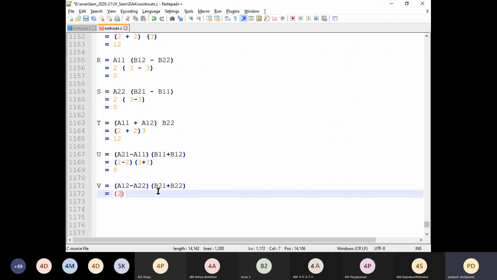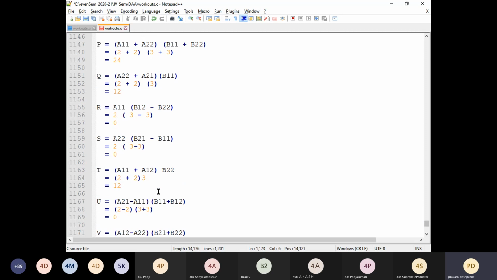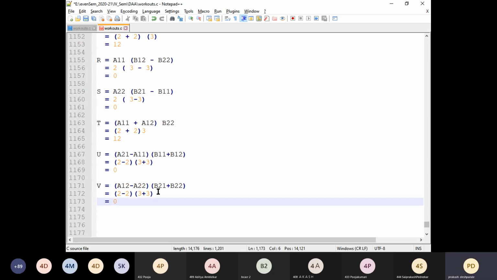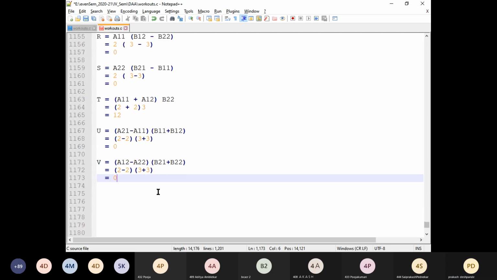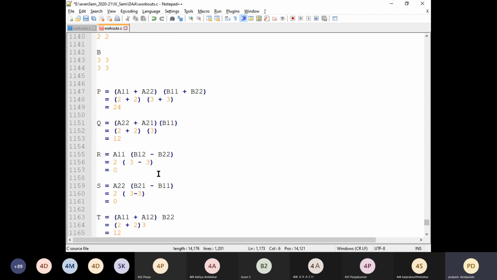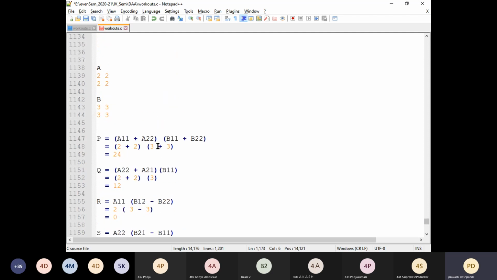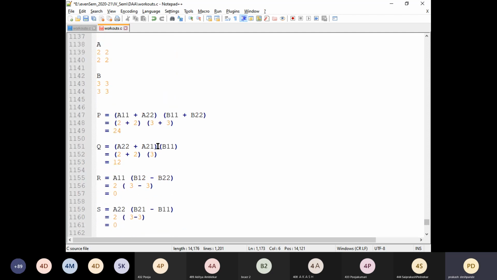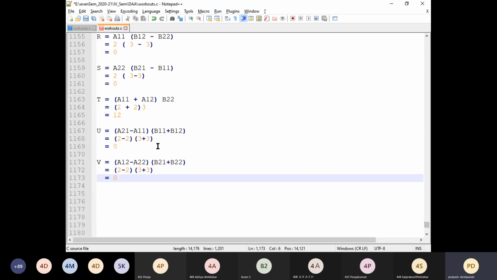Again, this is going to be 2 minus 2 multiplied by 3 plus 3, so the final answer is again 0. So these are the 7 formulas, right? Do you want me to explain any of the steps here? I don't think so. These are all simple values that I have taken.